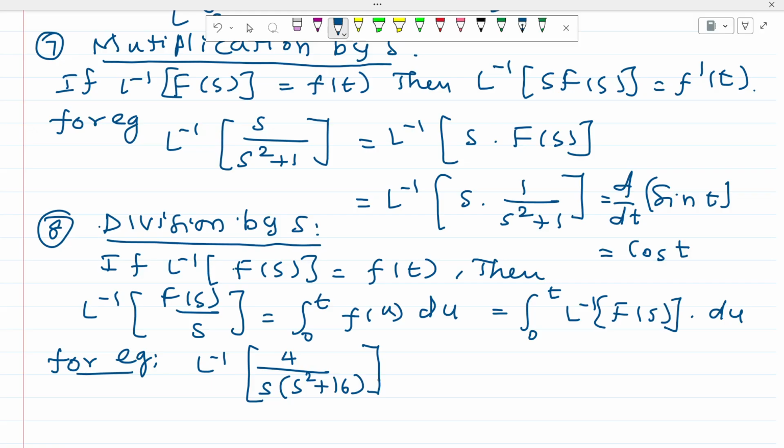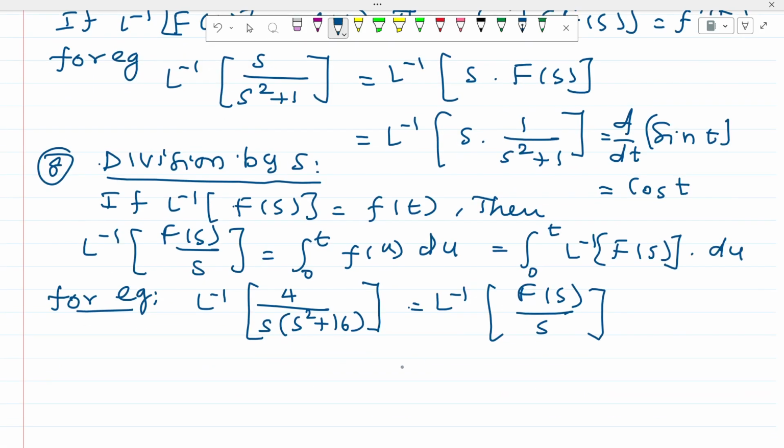Otherwise, we can do this as L inverse of F(s) by s. Here F(s) is 4 divided by s square plus 16, whole divided by s.